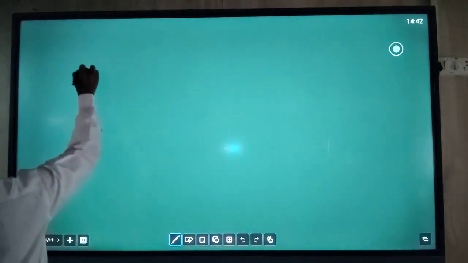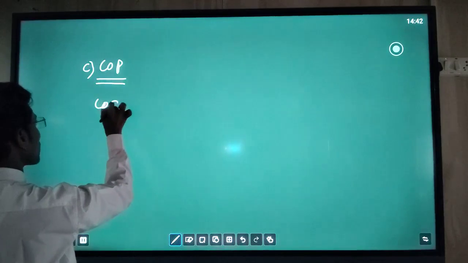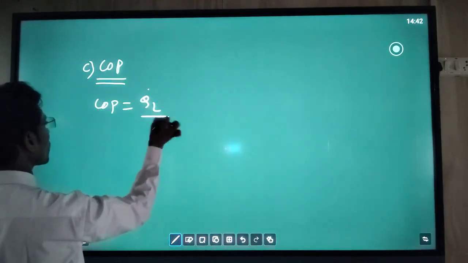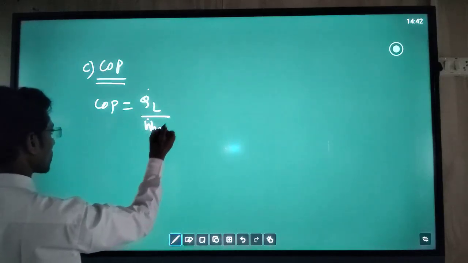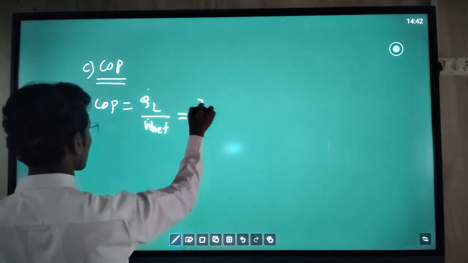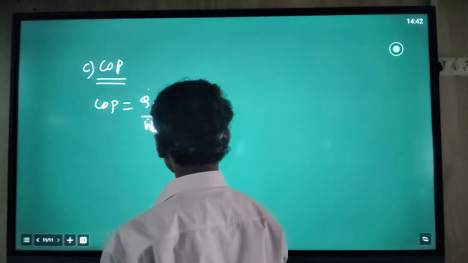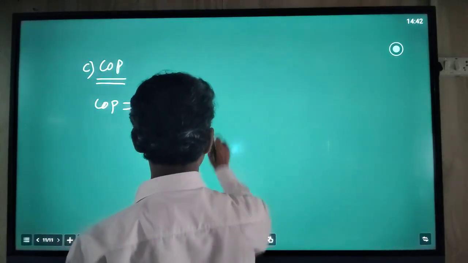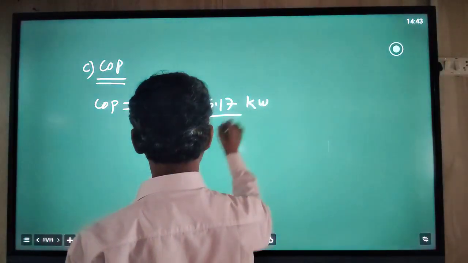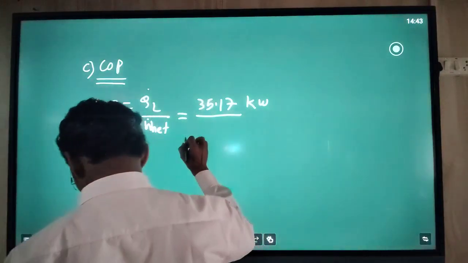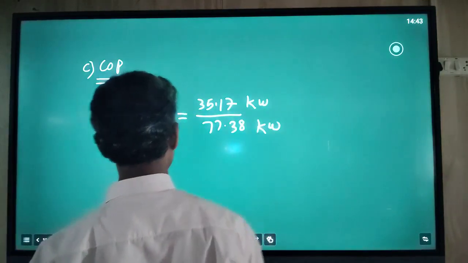Now the third answer is COP. COP is the ratio of output, that is Q dot L, divided by input, that is net work. So here Q dot L, that is 10 TR in kilowatt, and the net work we calculated in kilowatt.